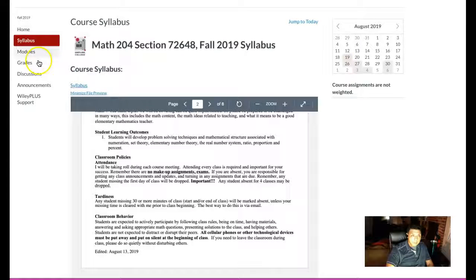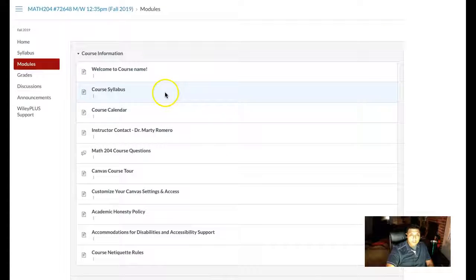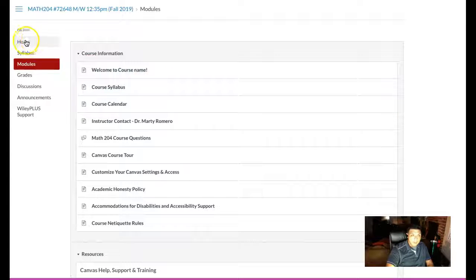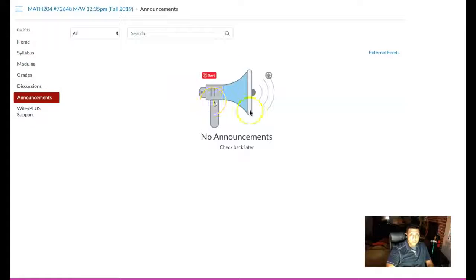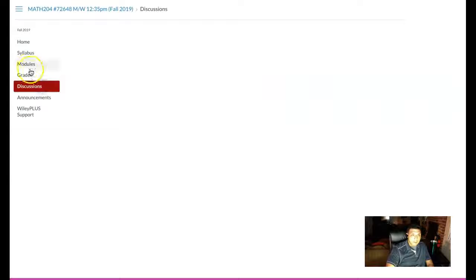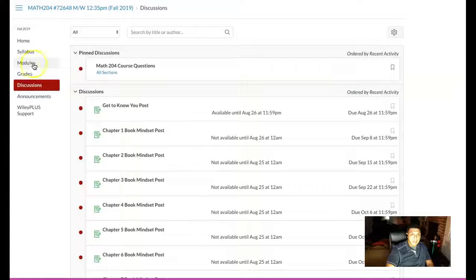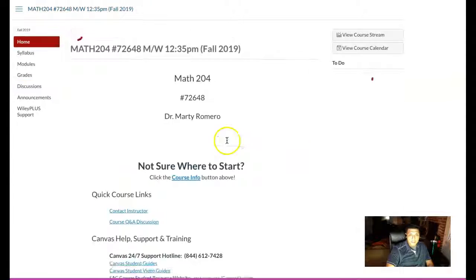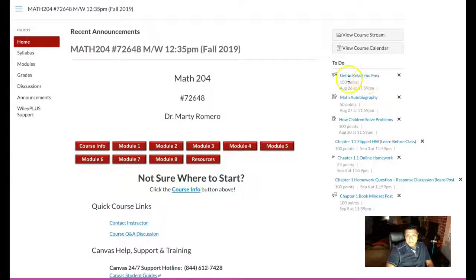The next thing that I want to make sure you're aware of is what's due, or what's going to be happening, during the first week. If you look at the calendar, we'll come back to the home page, you will see some assignments that are due over here.